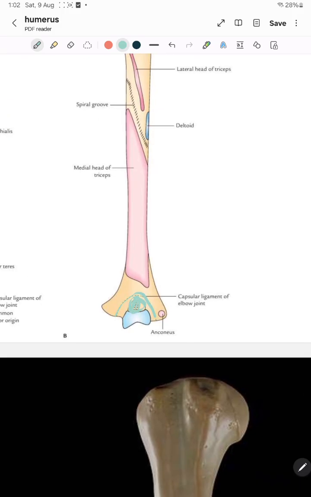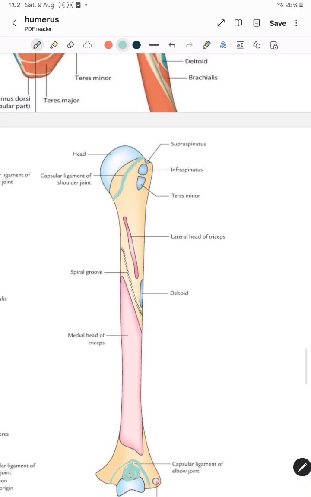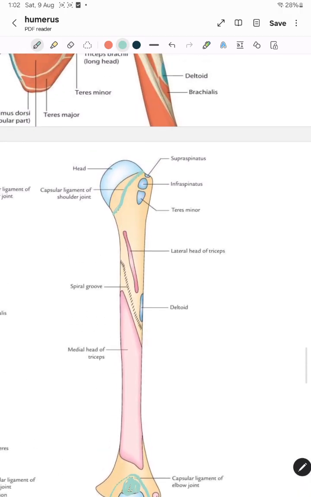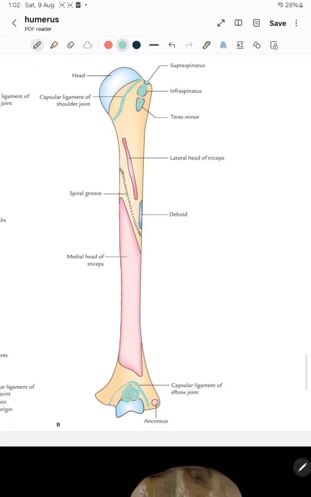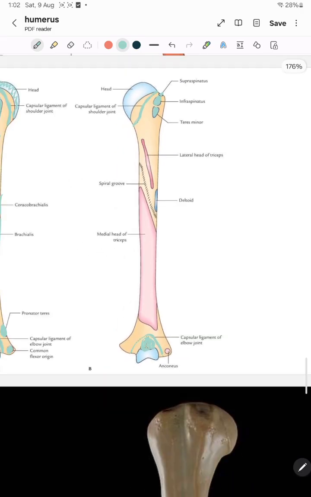the olecranon fossa. If we see on the posterior aspect, we have the greater tubercle, supraspinatus, infraspinatus, and teres minor. There is a groove on the posterior aspect of the humerus which goes from medial to lateral.